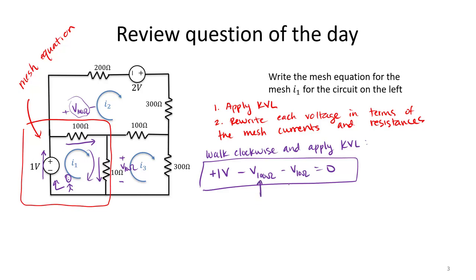So I just need to rewrite my V100 and my V10 in terms of the mesh currents and resistances. So let's see what we get. Let's first consider the 100 ohm resistor.